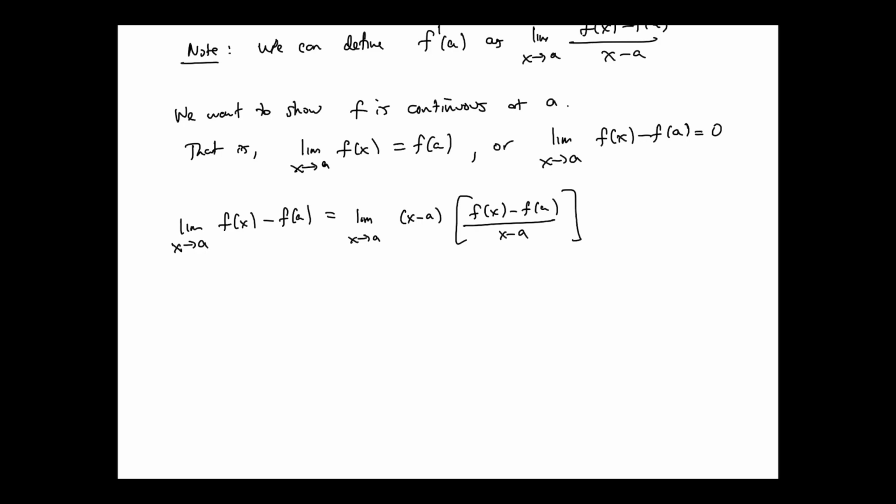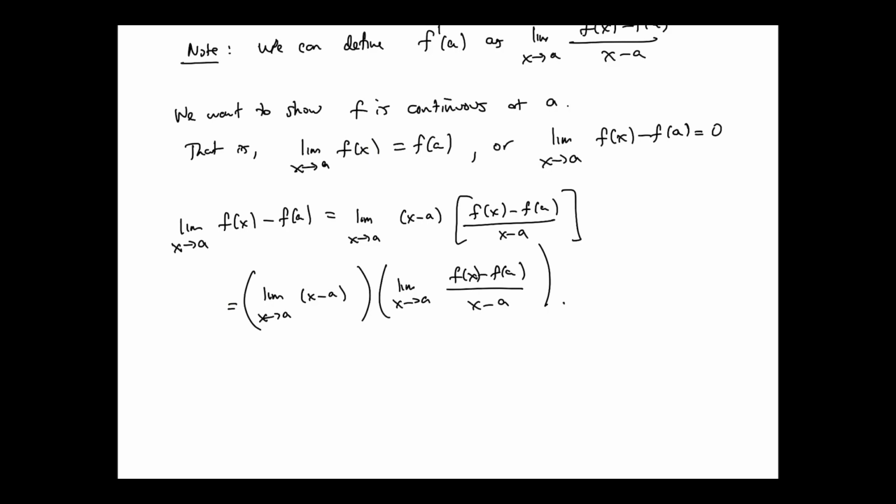So I can split this up into this times this. Okay, I can only do that provided that both of these limits exist. Okay, now, do both of these limits exist? Let's argue why that's true.